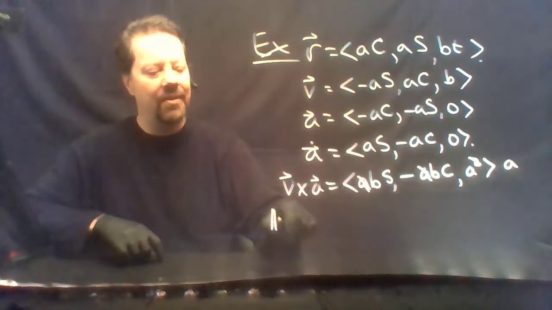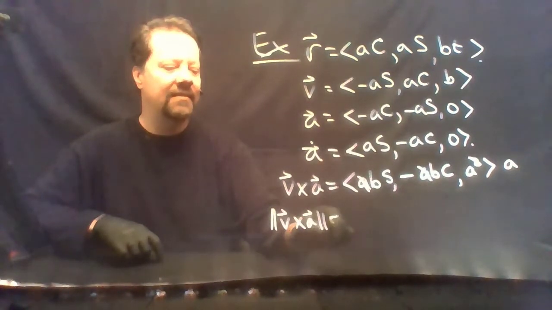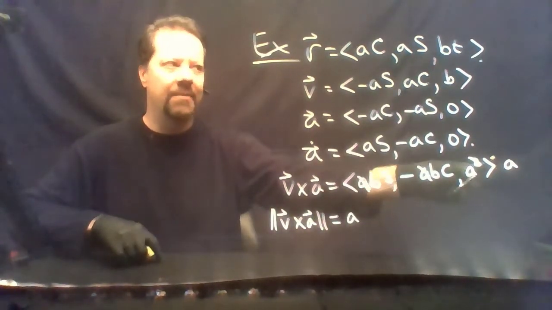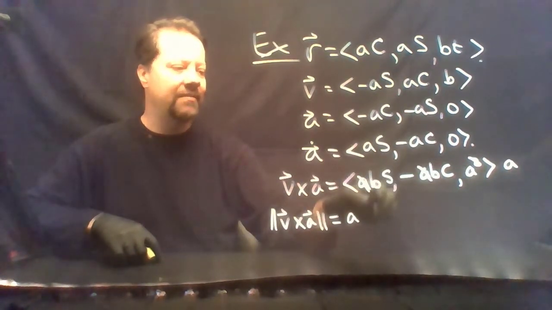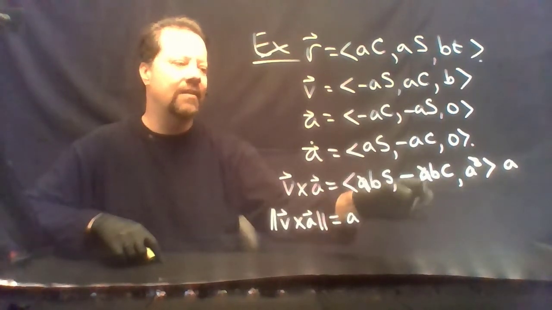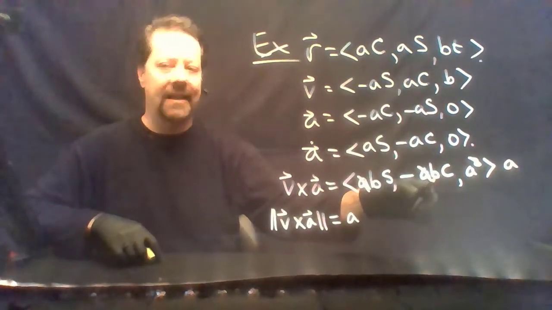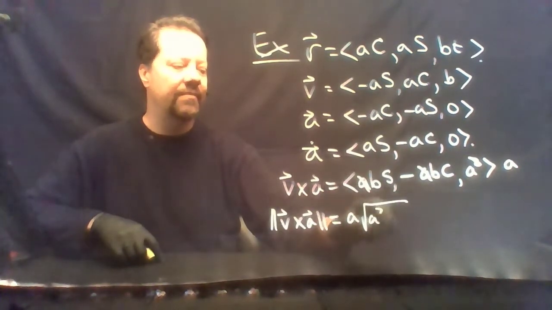It follows then that the norm of v cross a is, we'll assume a and b are both positive, a comes out of the norm in absolute value. You'll have b squared sine squared plus b squared cosine squared, that adds up to b squared, plus a squared, square root.